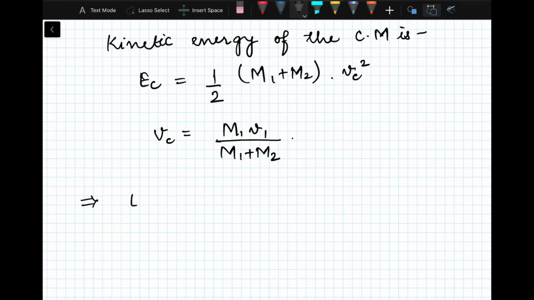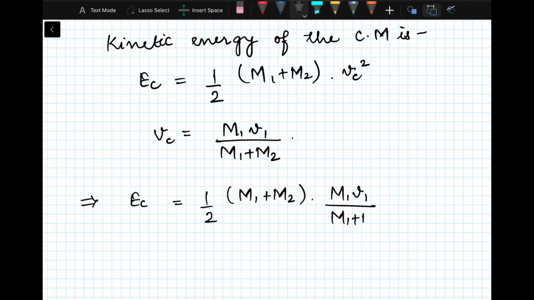So we get EC as half of m1 plus m2 times m1 v1 over m1 plus m2, and since there is a square to it, we will have to do it 2 times.